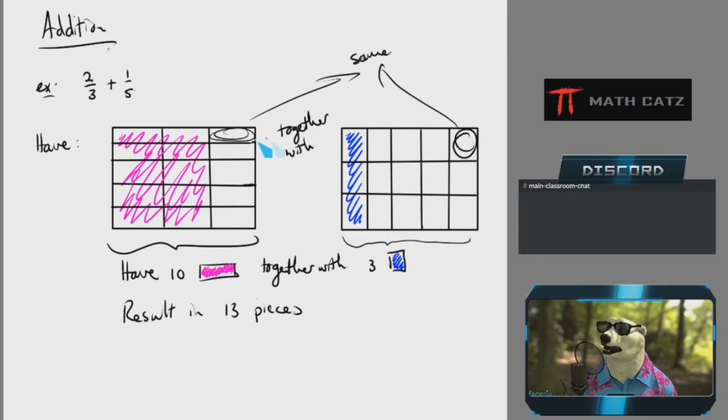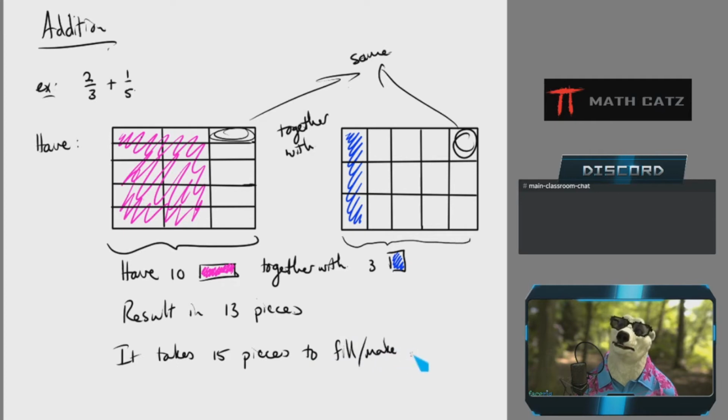So for a standard rectangle, I can look at any one of them, just don't look at the color. And I can say it takes 15 pieces, whether they are more square-like or more flat. It takes 15 to fill or make one whole rectangle or pizza or whatever you want to call it.